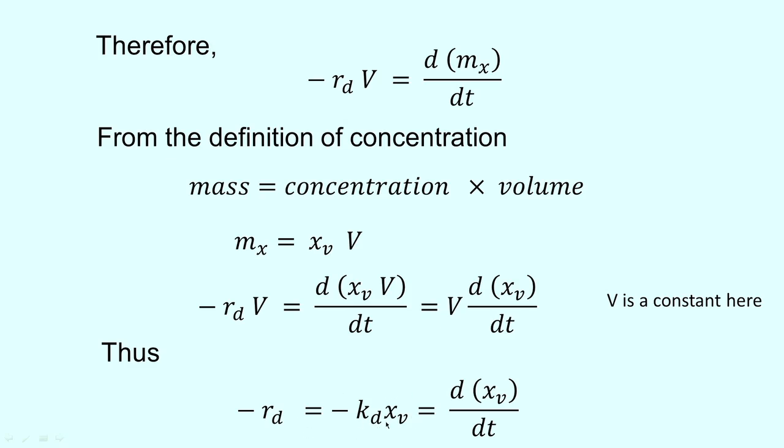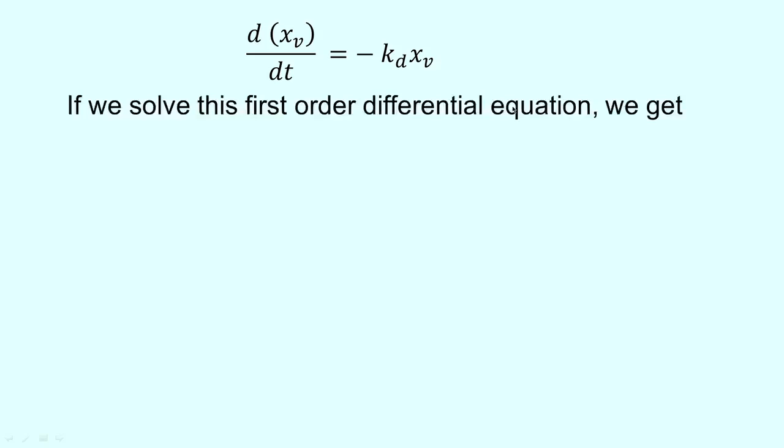That equals d x v dt, since we have cancelled the volumes. This is the final expression: d dt of x v equals minus k d times x v. This is the first order differential equation which you are all familiar with.